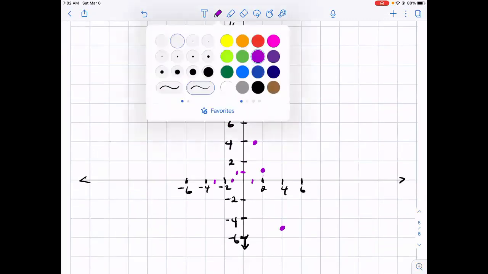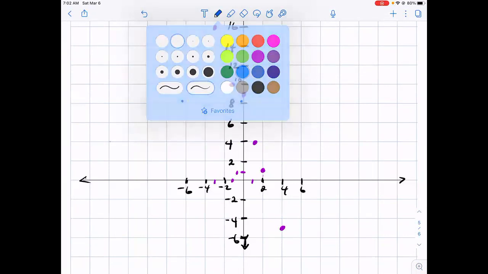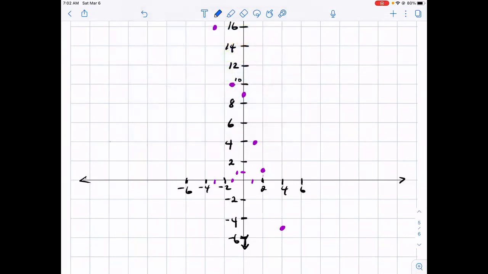Okay. So we know that this is linear. So if we now draw a line through these points, we should have a straight line, really.